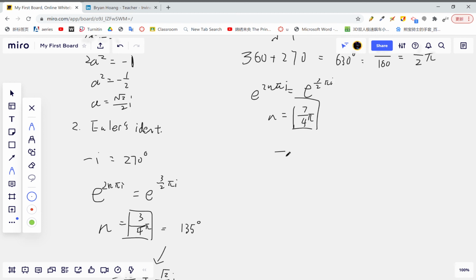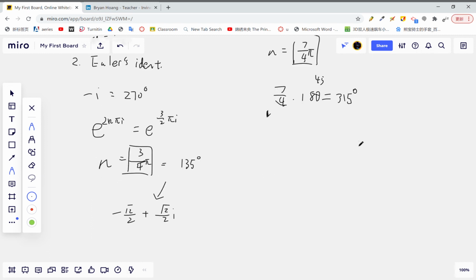And 7/4 times 180, you just cancel this out, you get 315. Ugly writing, but you get my idea, right? 315 degrees on a complex plane, on a unit circle.